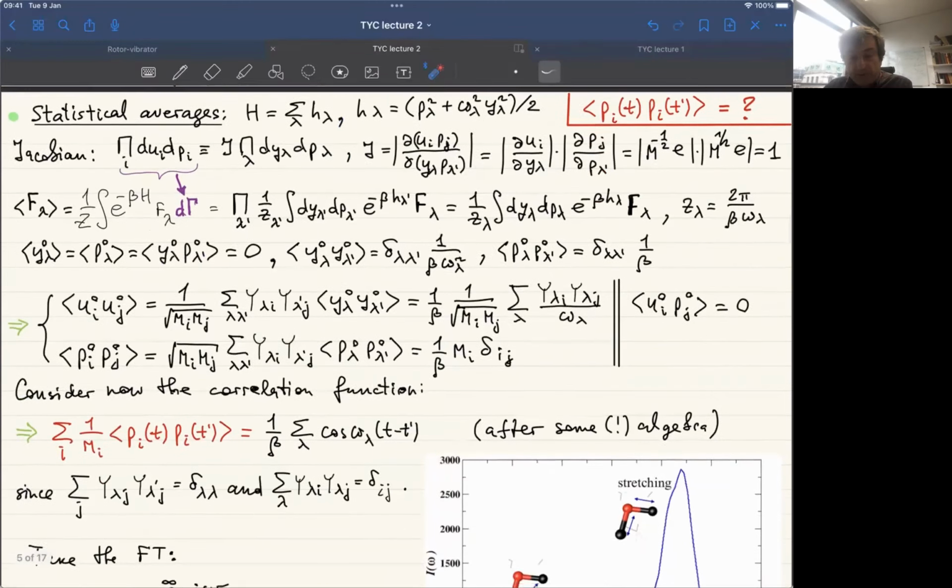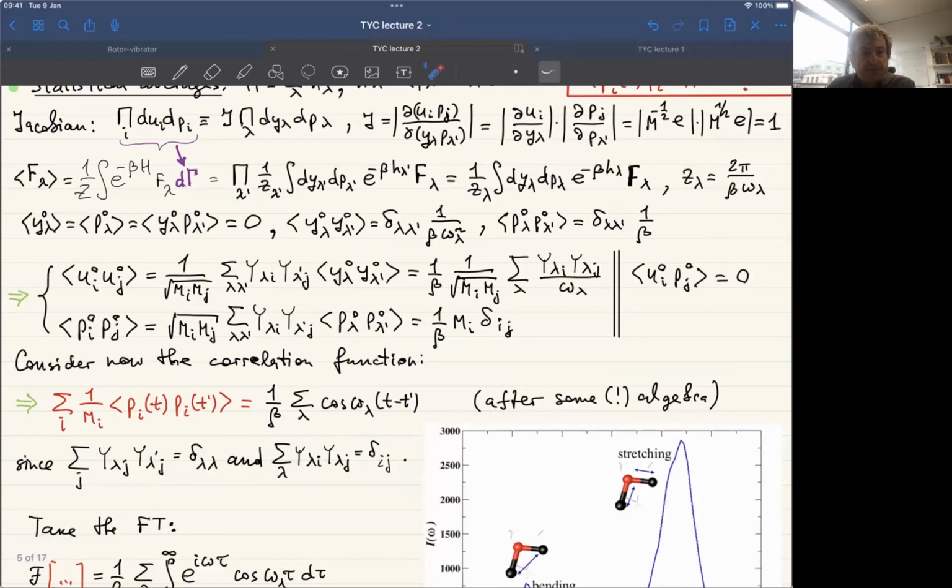Yes, and if you do the calculation, it's a bit bulky, but in principle simple, and using the just obtained expressions for these averages, you can work out that that correlation function is actually equal to 1 over beta and a sum over all normal modes of cosine functions for each vibration.